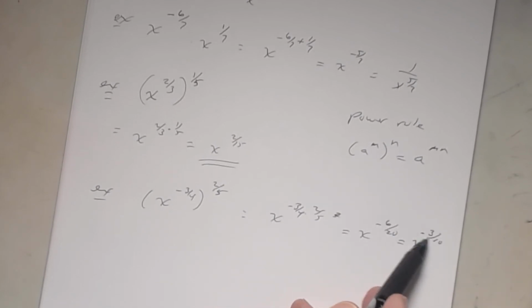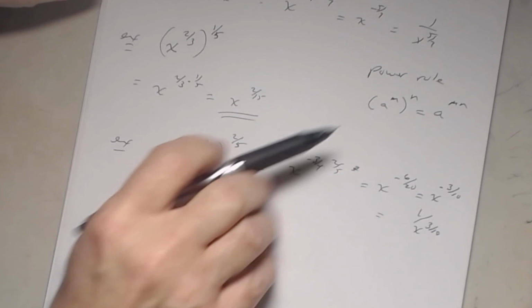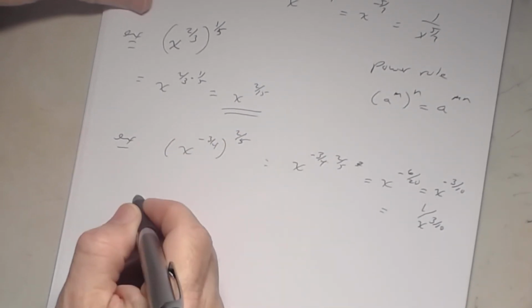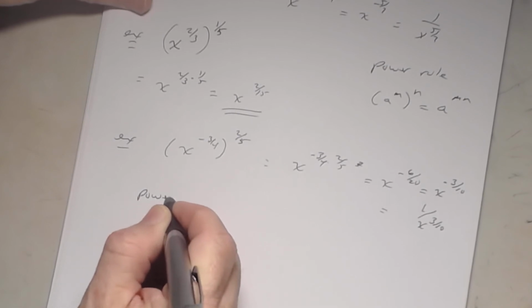Reduce, you get negative 3/10, but you don't want your answers with negative exponents. So it's 1 over x to the 3/10. Okay, so that's the power rule. Now, right after you discussed the power rule, you then discussed something called the power of a product rule.